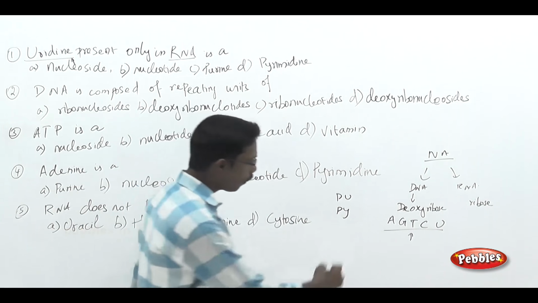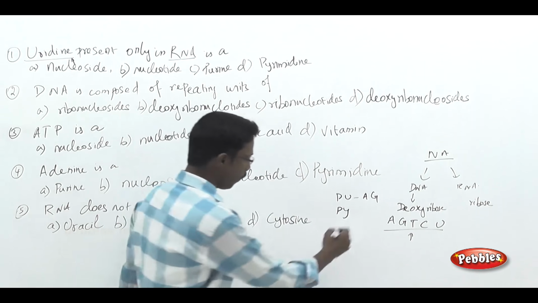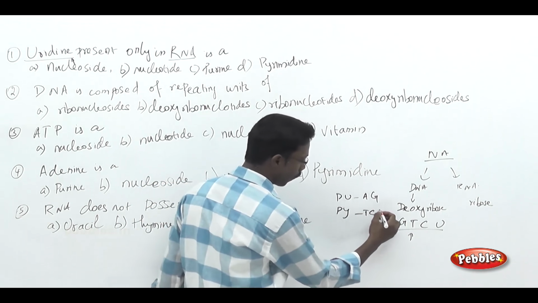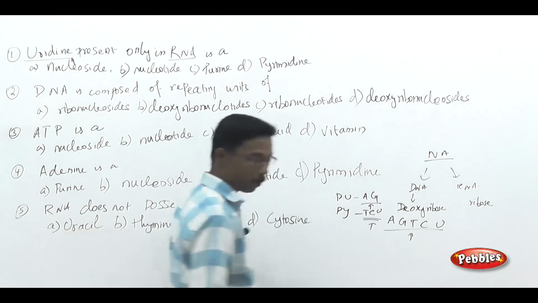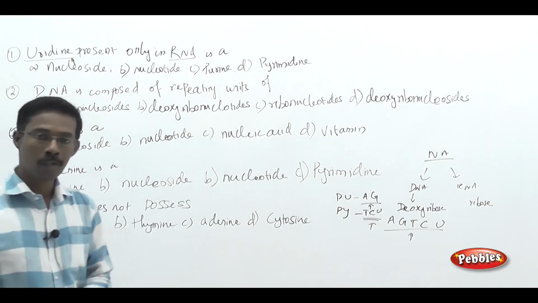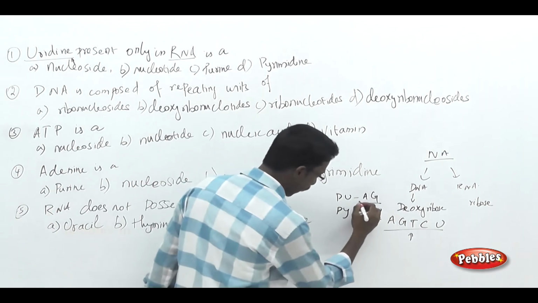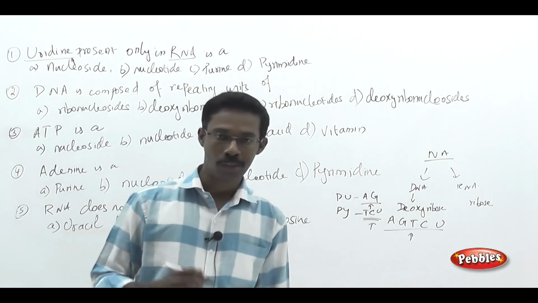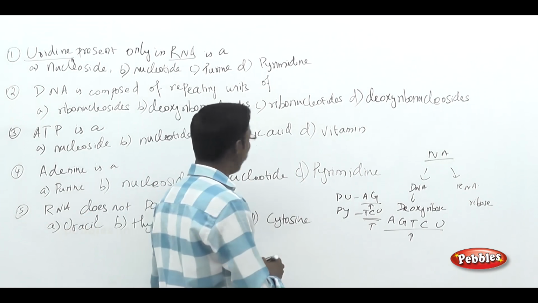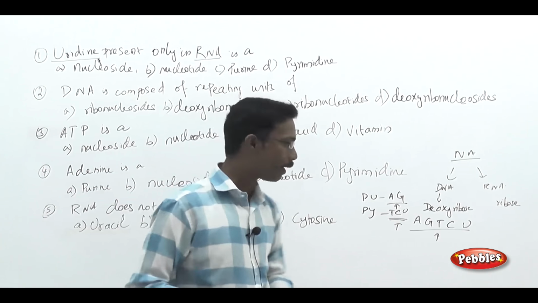Adenine and guanine are purines; thymine, cytosine and uracil are pyrimidines. This is what you have to remember. But here the term given to you is uridine, not uracil.